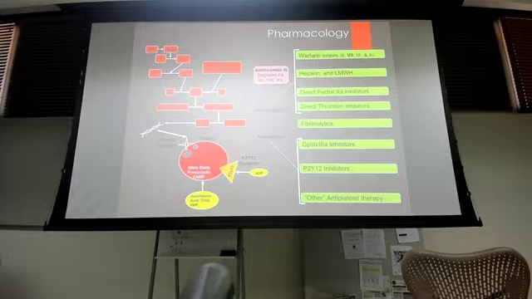And then on the left are the intrinsic versus extrinsic pathways that we talked about, warfarin being in one and heparin being in the other, and then leading to the common pathway. And then that's the platelet activity down at the bottom. By no means do you need to memorize this. I'm not going to ask all these steps.